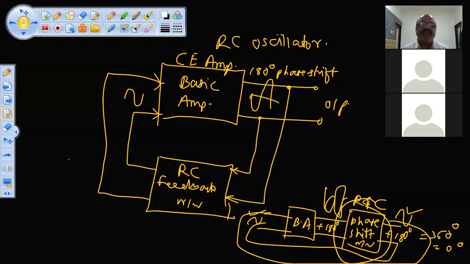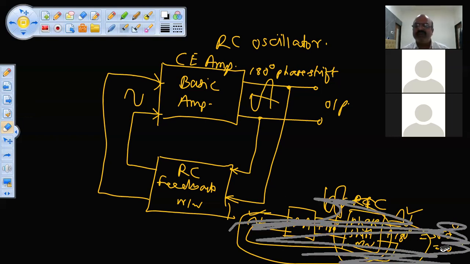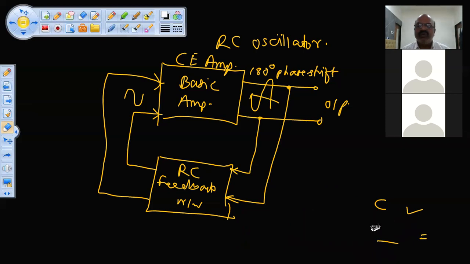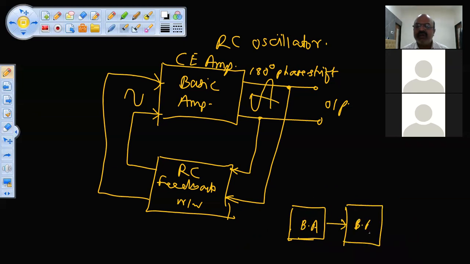One more way is, someone may say, sir, can we give double phase shift using a transistor amplifier? This is my basic amplifier. If I use another basic amplifier, and if I apply the input signal here, this will be 180 degrees phase shifted.